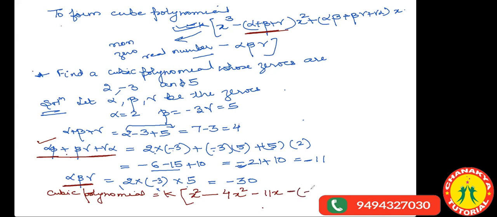So minus minus. So your answer will be k times x square, minus 4x square. Oh, sorry, x cube. In both the statements I have written square only. x cube minus 4x square minus 11x, minus minus plus. So it will be this. So in this way, we can calculate the cubic polynomial.